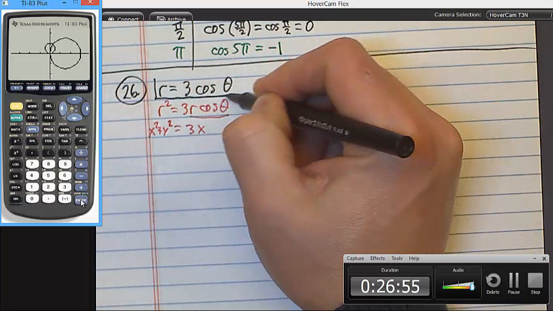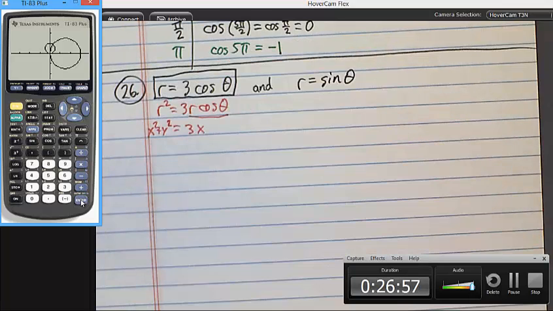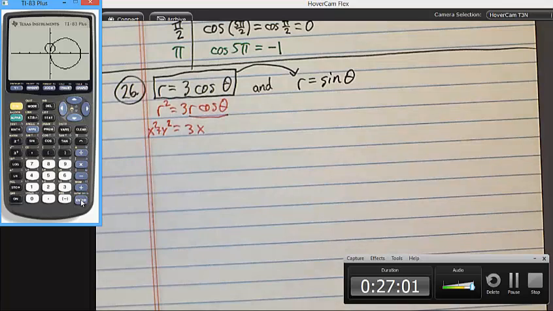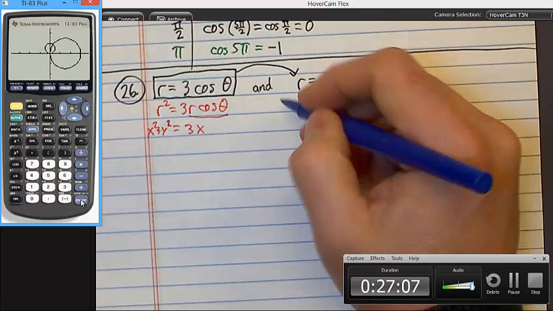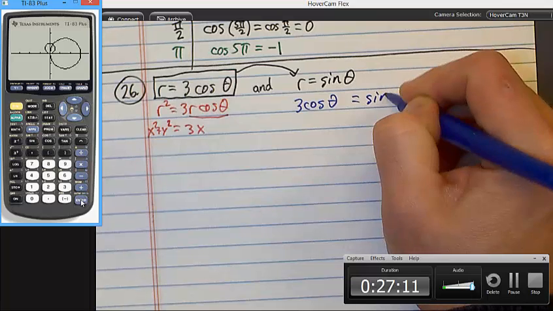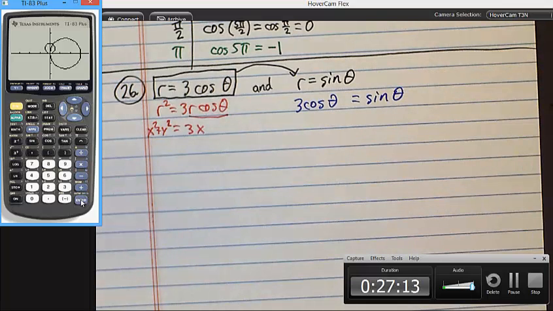If r equals 3 cosine theta and r equals sine theta, you can substitute in for r. So what happens is I can write 3 cosine theta equals sine of theta. Ooh, now what? Well, now there's only one variable. And the only variable is what? So we just have to figure out what theta is.